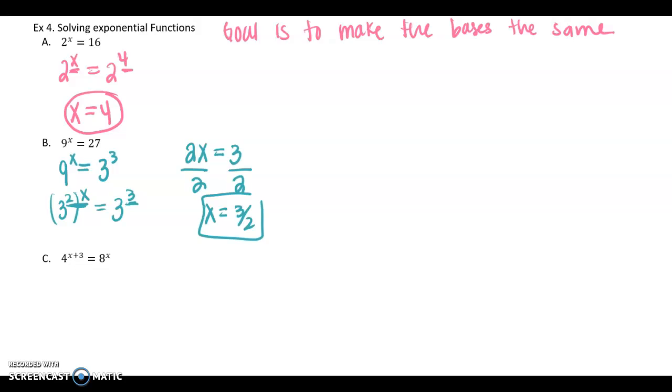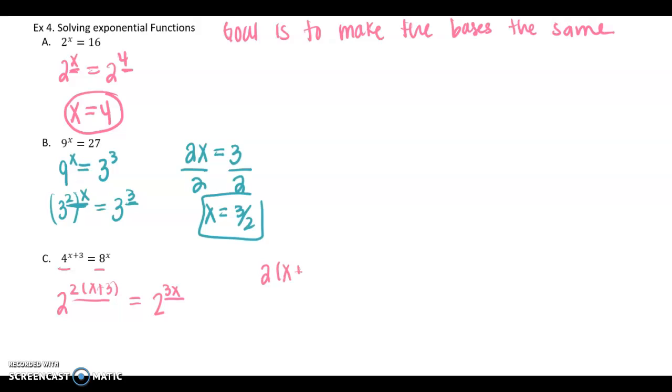All right, the last one, we have 4 and 8. So I could rewrite 8 as 2 to the third, and I could rewrite 4 as 2 squared. So 2 squared to the x plus 3 equals 2 to the 3x. So now the bases are the same because they're both 2, and we're going to set the exponents equal to each other.